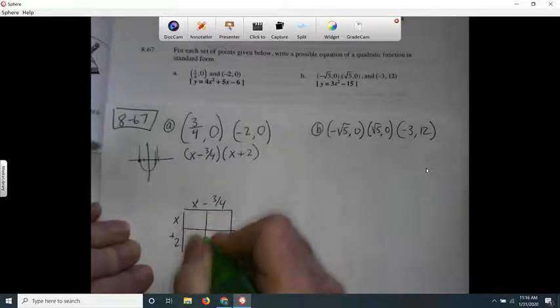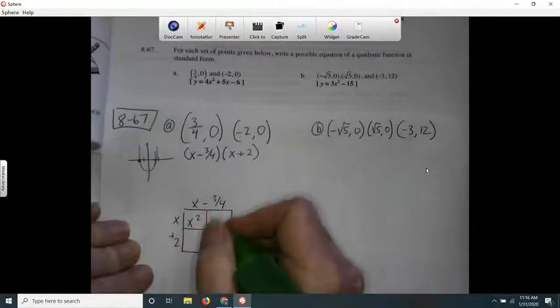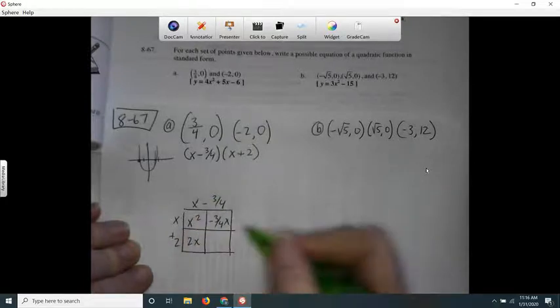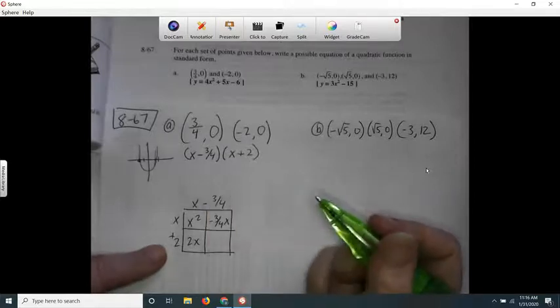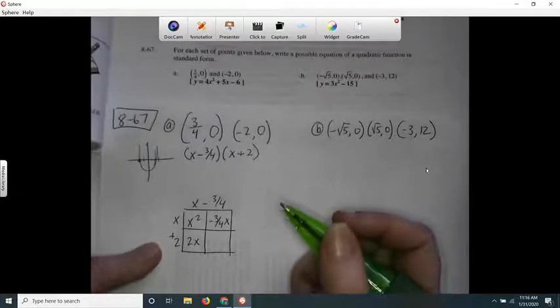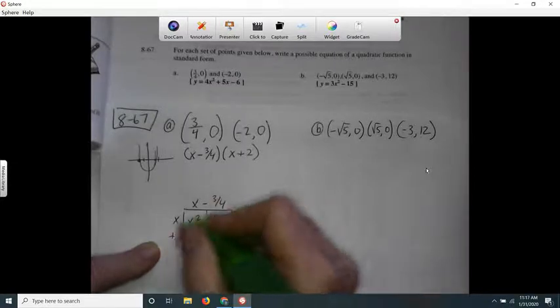Because we have to get it into standard form. So that gives me x squared minus 3/4 x. This gives me 2x, and this gives me 2 times negative 3/4. Well, that would be negative 6/4, but that's really the same as negative 3/2. Or you can think of a cancellation.